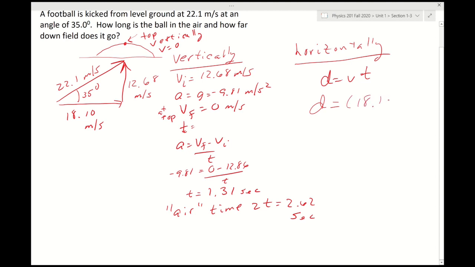So that's going to give us a distance horizontally or downfield of about 47.5 meters. Again, 3 significant digits in gravity, 3 significant digits in our initial velocity. We're not going to worry about the angle digits because that gets a little more interesting of a discussion.